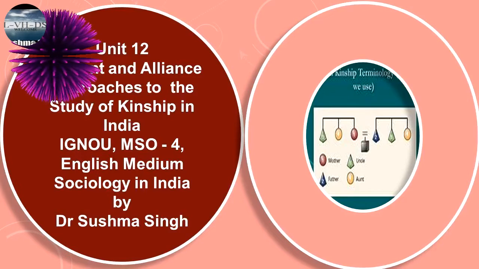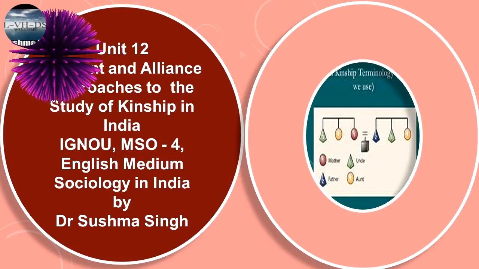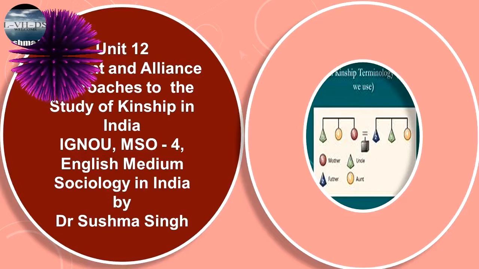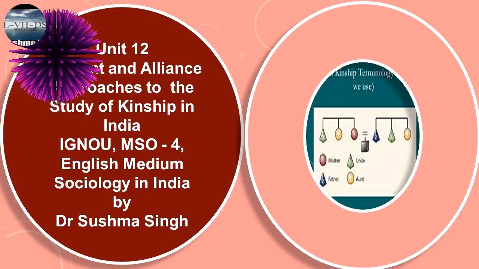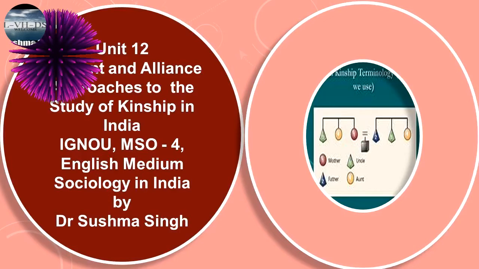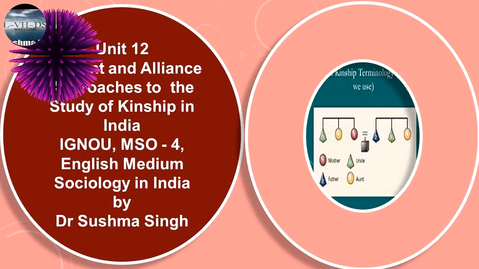These three classes have unequal relationships. However, honor and prestige go in the opposite direction to women in marriage. This means that wife takers are superior to wife givers. And by the fact of giving a wife to a group, one receives honor and prestige within one's own group.